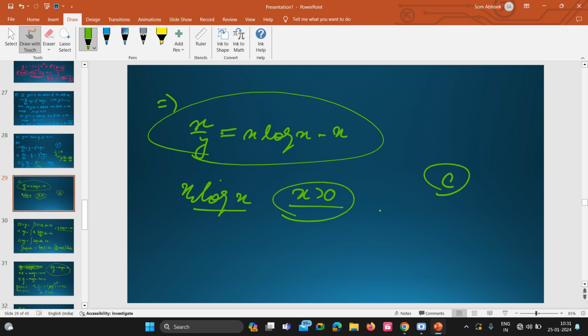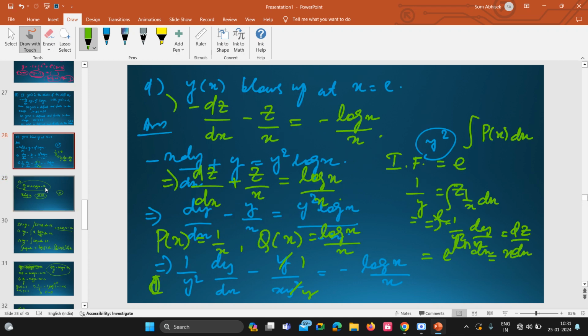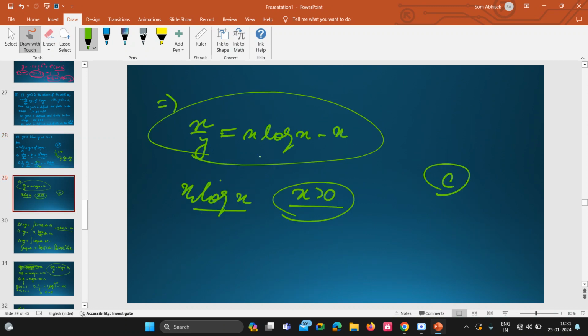Another option is option D, that is y(x) blows up at x is equal to e. If I put x is equal to e, let's see, e log e minus e.